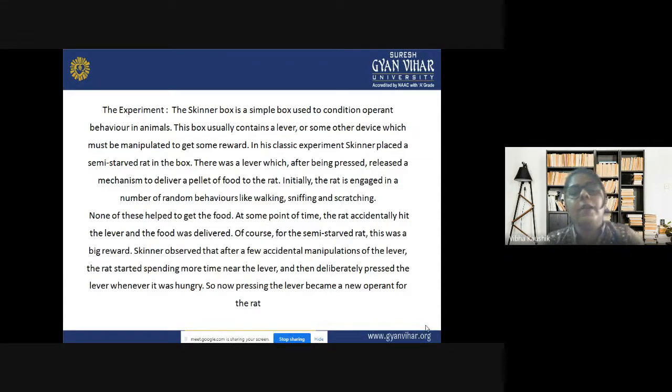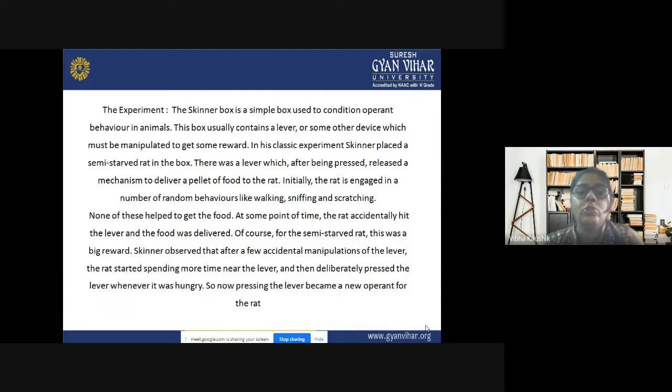The experiment which Skinner conducted. The Skinner box is a simple box used to condition operant behavior in animals.